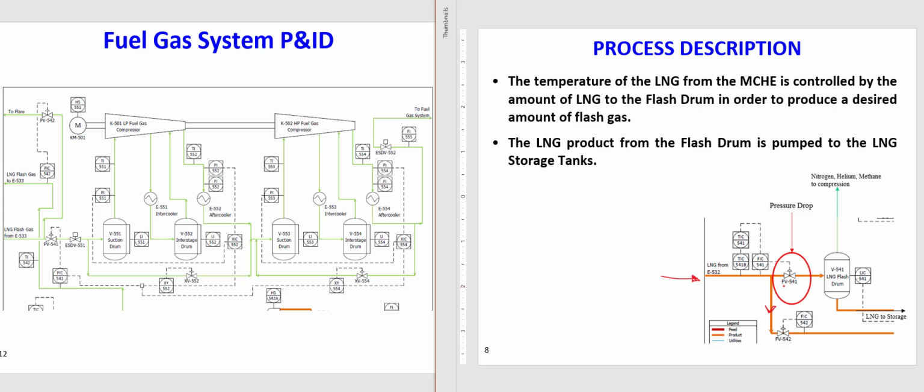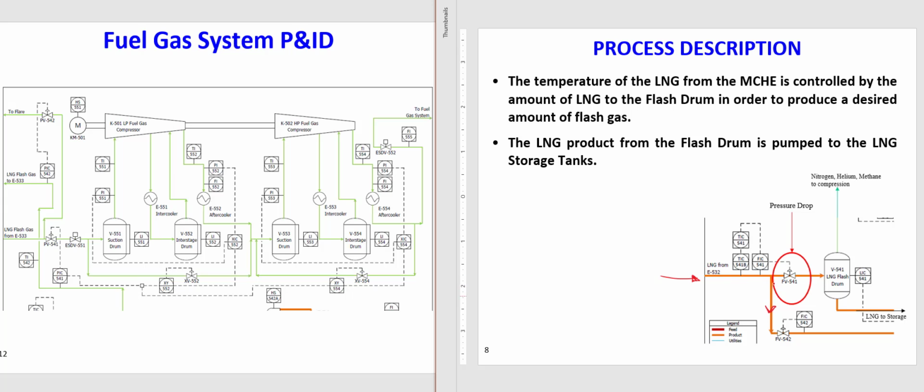The temperature of this LNG that is coming from the main cryogenic heat exchanger, in general the temperature of the flash tank, can also be adjusted by the amount of LNG product that is coming from MCH to the flash tank.